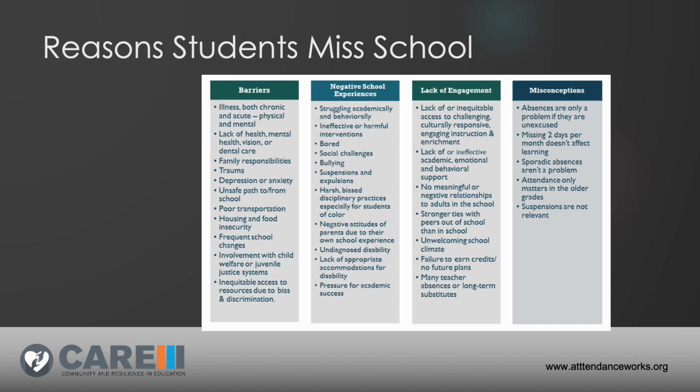We're going to revisit this a little later in the session, but it's really important for us to delve a little deeper and analyze why an individual student is missing school so that we can address the absenteeism appropriately and with interventions that match those causes for missing school.